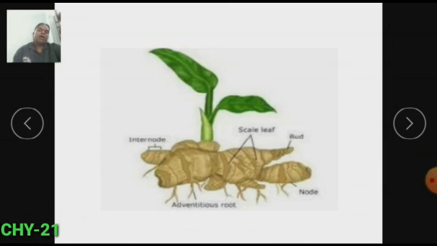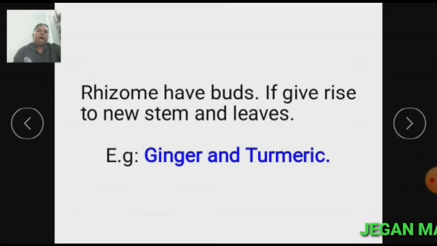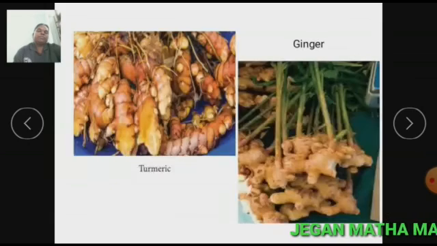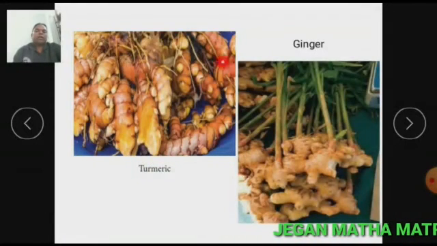In this figure, a ginger is shown with bud, scale leaf, inner nodes and adventitious root or fibrous root. Example, ginger and turmeric. This is turmeric plant. This is ginger plant.